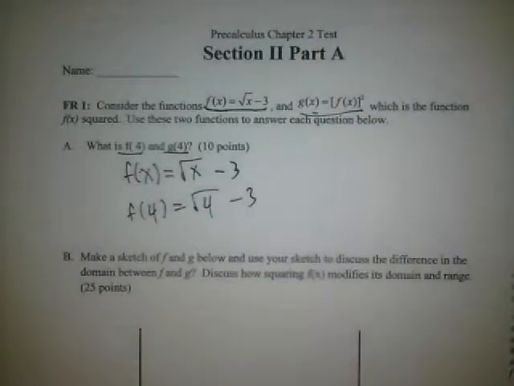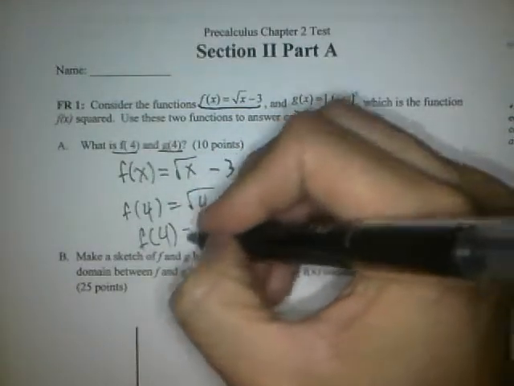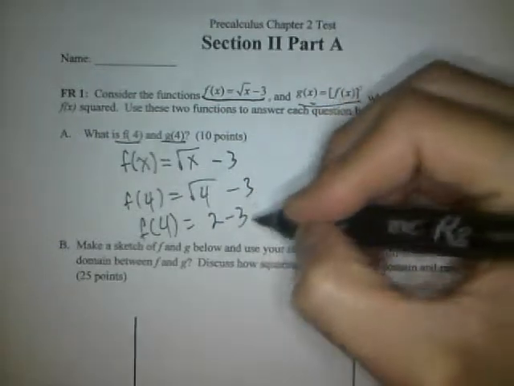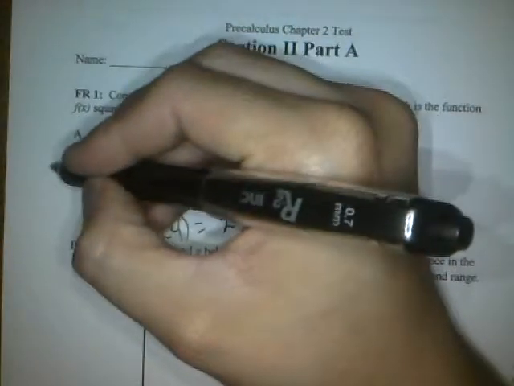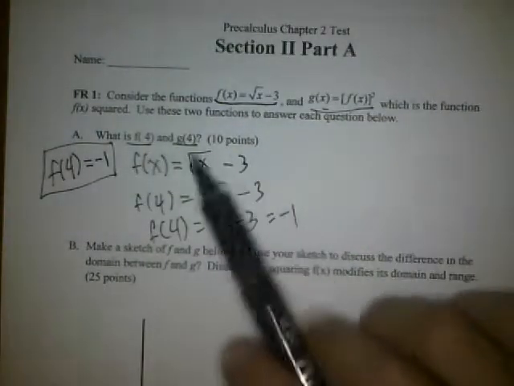So f of 4 is the square root of 4, which is 2, minus 3, so that's just negative 1. Just to clarify, I'm going to write it over here. f of 4 is just negative 1. I'm going to box this in. So I have found this one here.